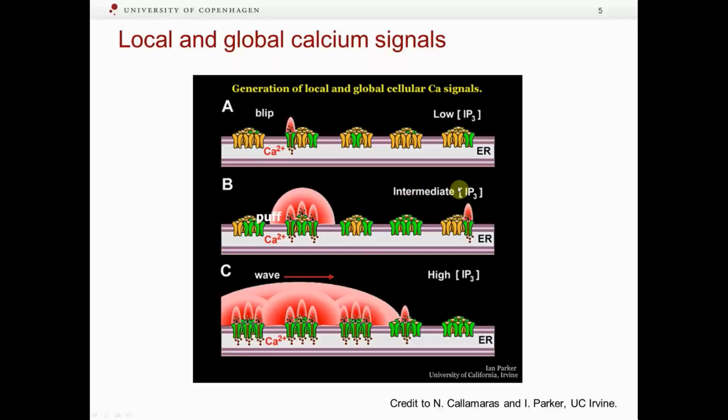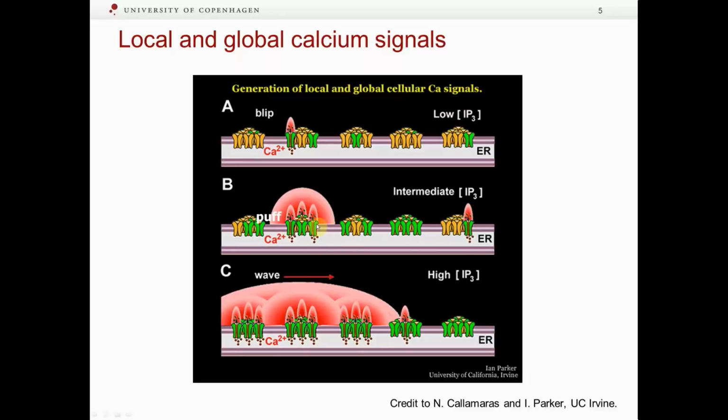In case IP3 is of intermediate concentration, there will be a higher degree of stimulation of the channels here, leading to a higher opening probability. So they are more sensitive to calcium. A local event can then lead to activation of the local cluster of channels, but still perhaps not activation of clusters situated further away.